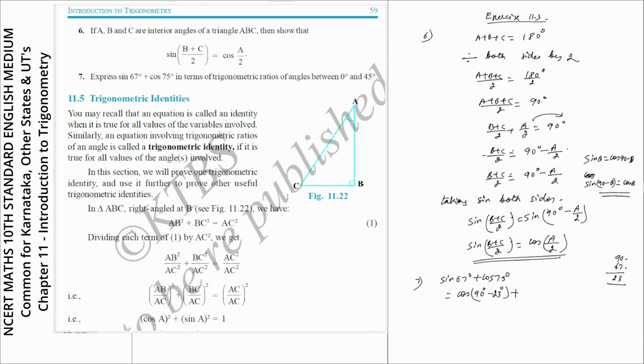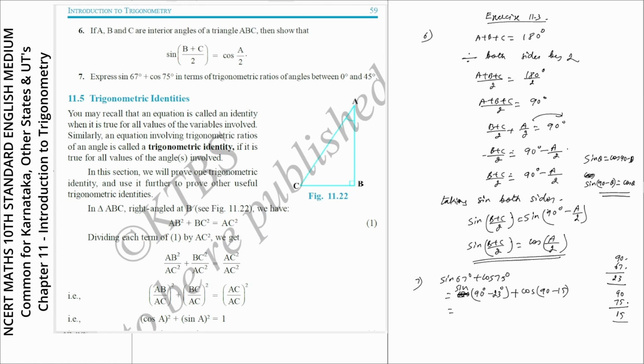And cos of 75 degree I can write as, now 90 minus 75 degree is how much? 15 degree. So cos of 75 degree I can write as sine of 90 minus 15. Sorry, here it should be sine only.